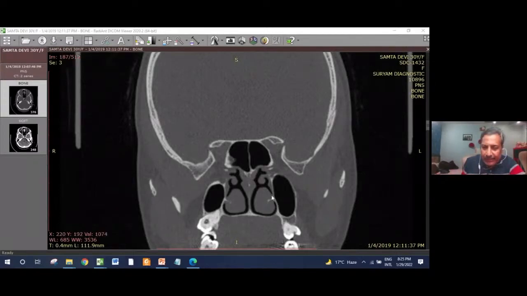And for that, the sphenoid sinus is the center of the universe, and many important intracranial structures are traversing through the sphenoid or around the sphenoid, and we must know each and every structure here in a three-dimensional fashion.